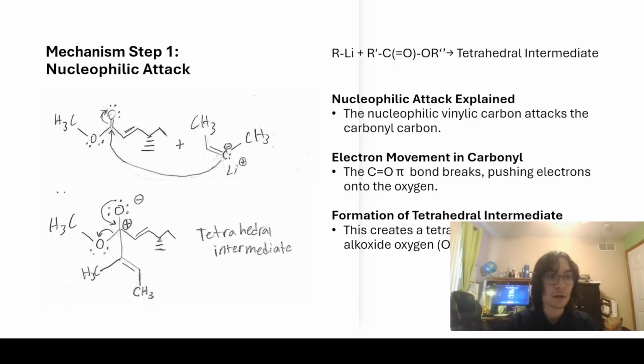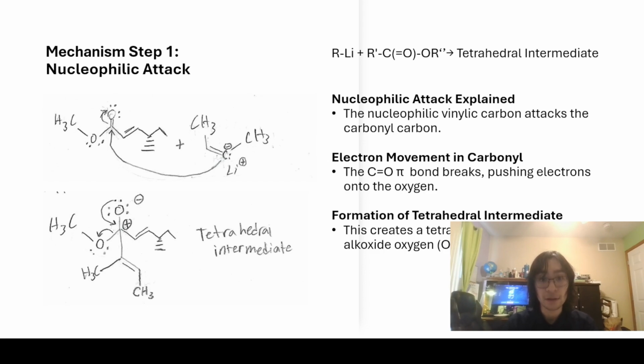First, I drew a curved arrow from the nucleophilic vinylic carbon to the electrophilic carbonyl carbon, representing the creation of a new carbon-carbon bond. At the same time, the pi bond of the carbonyl has to break in order to avoid exceeding the carbon's octet.